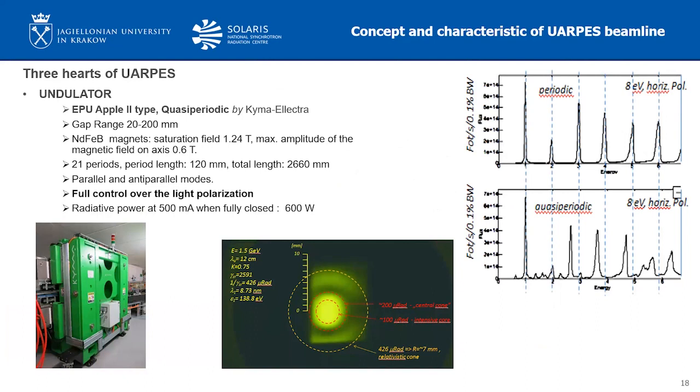As I said, the elliptical periodic undulator is quasi-periodic, so the higher harmonic contamination is reduced.